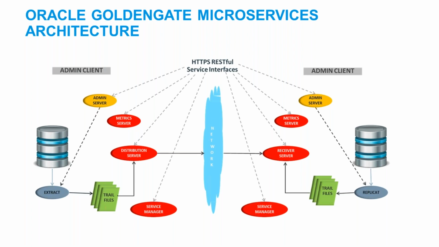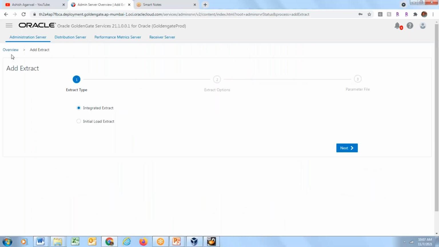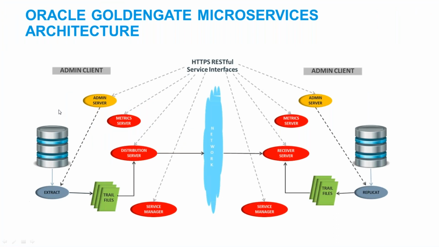If you want to add an extract, we can add it, and similarly replicat as well. The GoldenGate extract process captures the changes from the source database and writes them to the trail file on the local machine, which is called the local trail. Once the data is available in the local trail, the distribution server takes over.